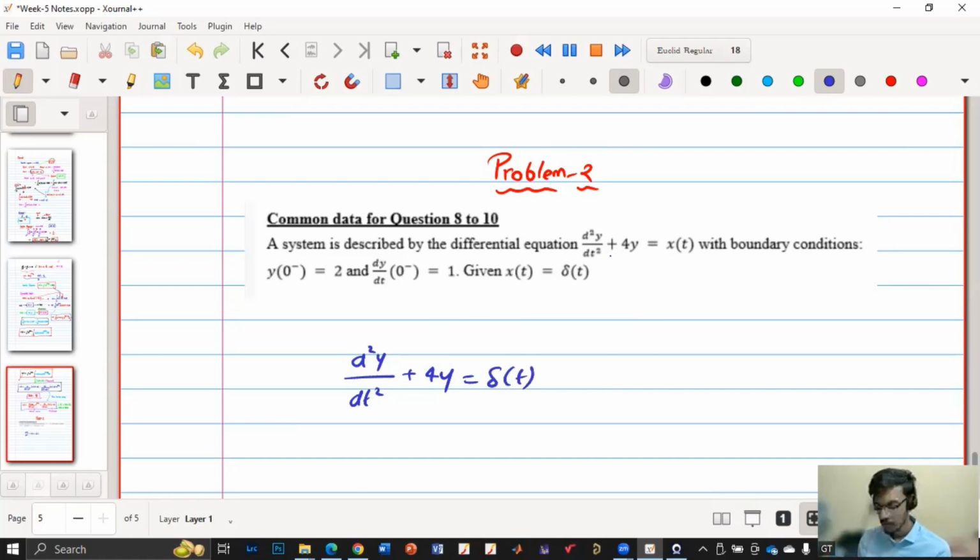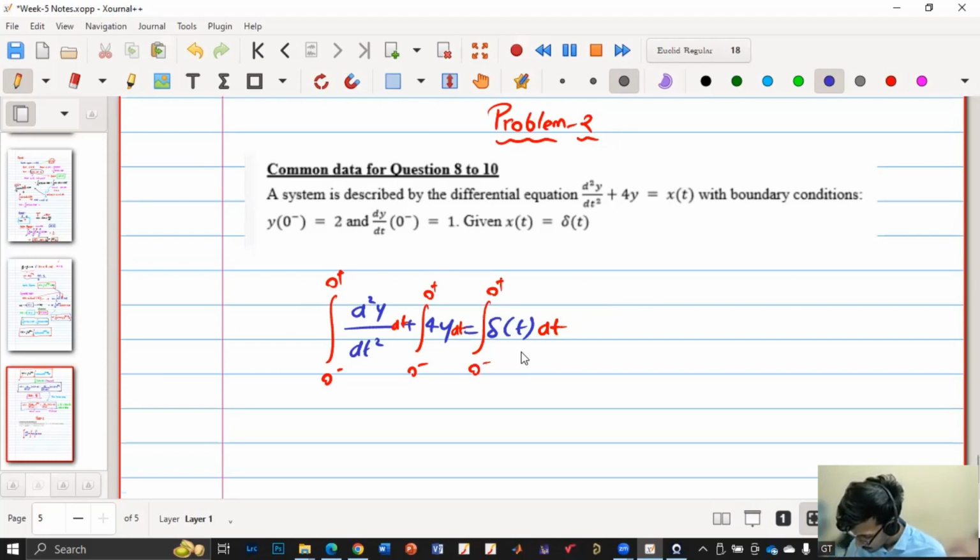The procedure will remain exactly the same. First, I'll integrate from 0 minus to 0 plus, dt on each term.